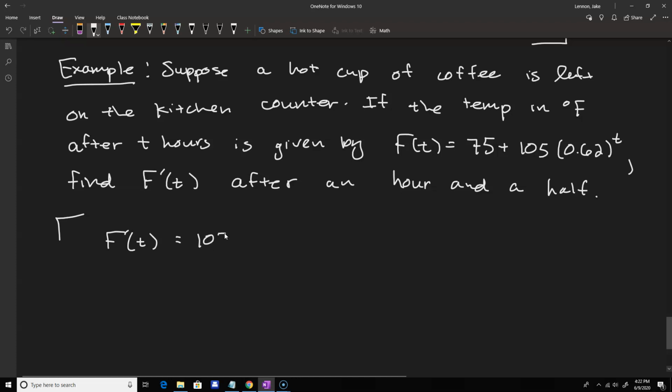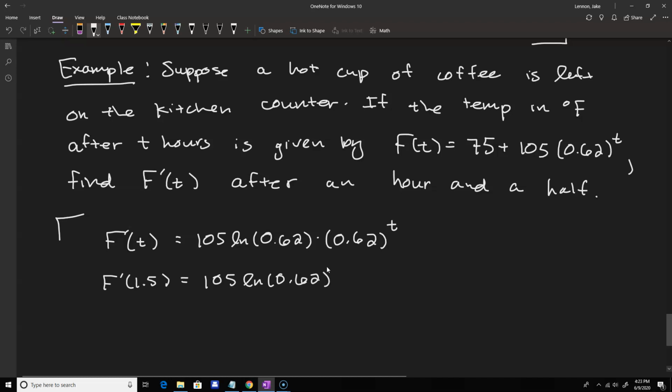Then we have 105 times the natural log of 0.62 times 0.62 to the t. And we just want to plug in 1.5 for t. So we get 105 times the natural log of 0.62 times 0.62 to the 1.5.